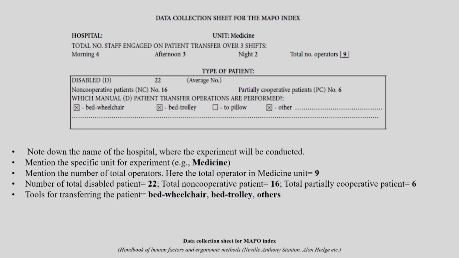Here you need to give the details about the hospital and which unit you are going to collect your data from. For example, we have done the analysis in the medicine sector. Then the total number of staff. You will get all this from the discussion; that is part 1 of this particular sector.